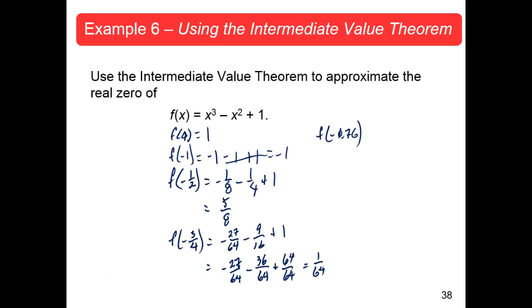What do you get? Do negative 0.76 cubed minus 0.76 squared plus 1. Negative 0.17. Okay? And punch in for me and see what 1/64 is.